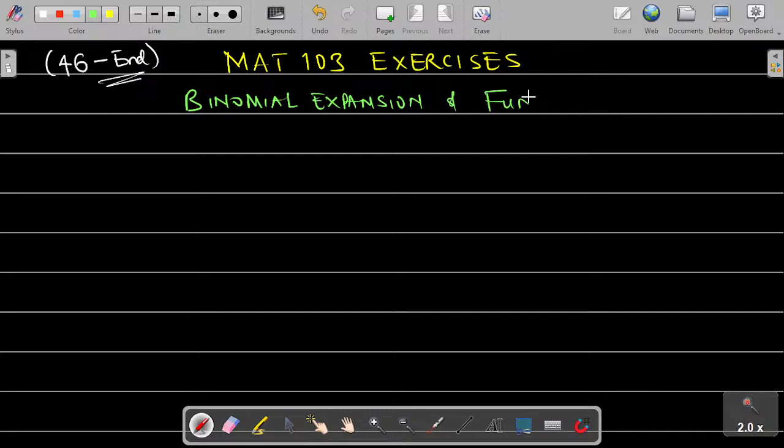So there's going to be an introduction to functions in this particular course, and that's what we'll be doing here.